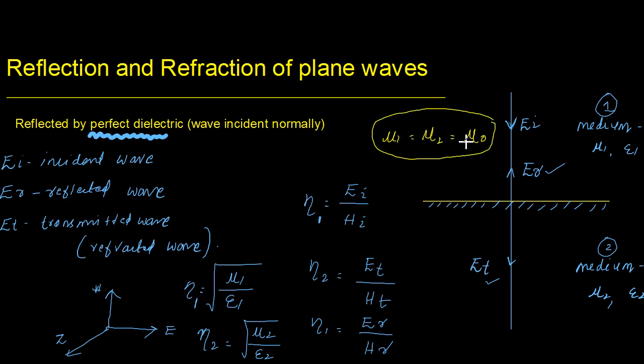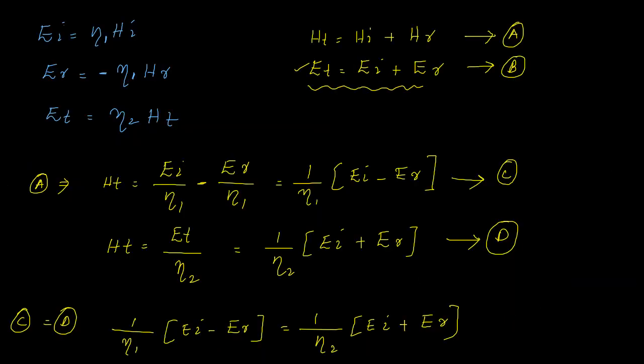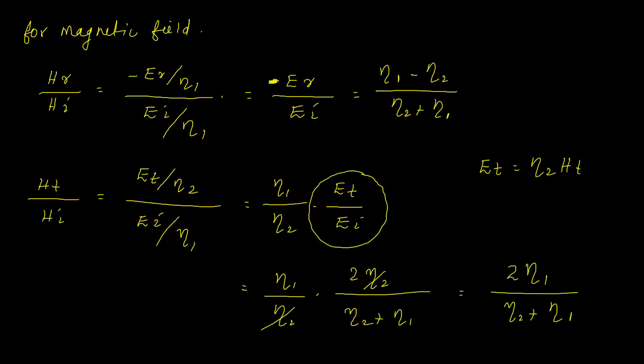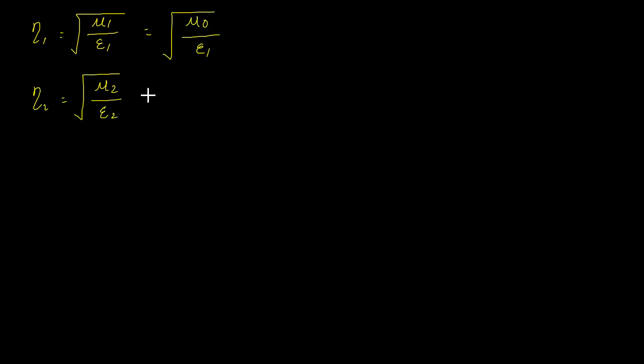Therefore eta 1 is square root of mu 0 by epsilon 1, and similarly eta 2 is square root of mu 0 by epsilon 2.